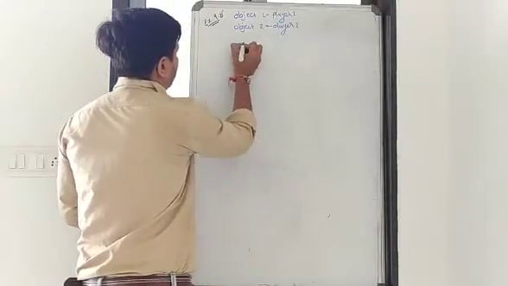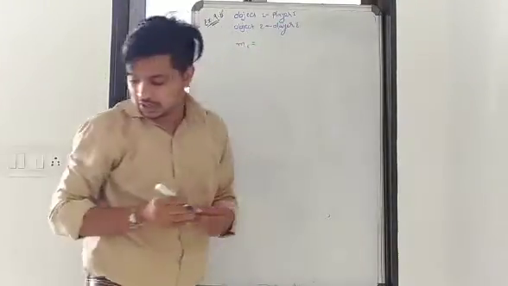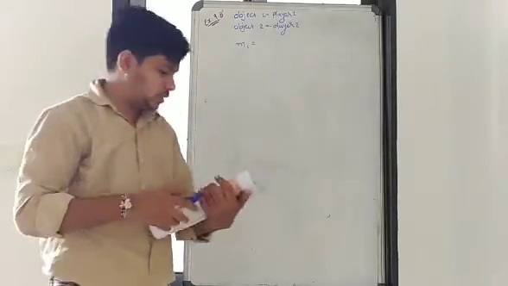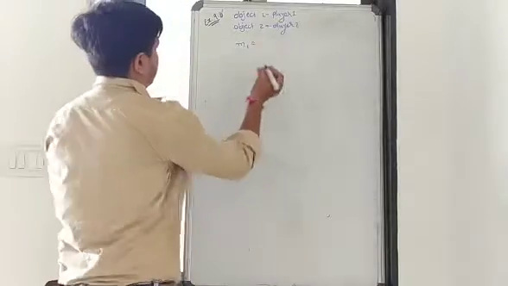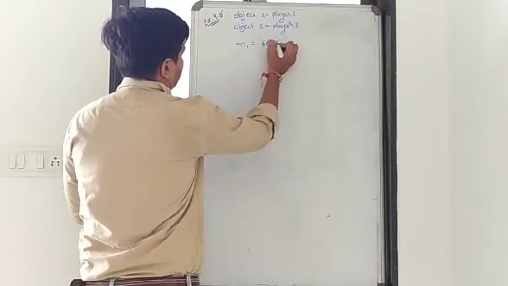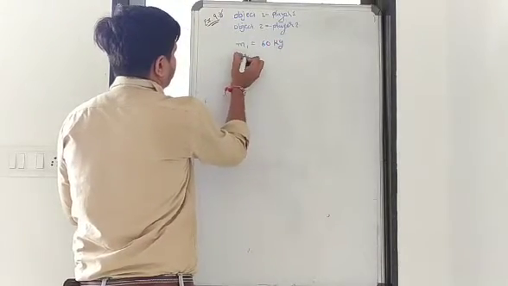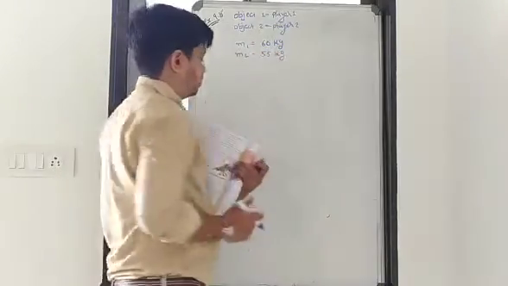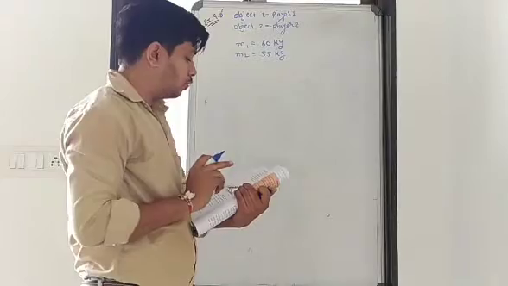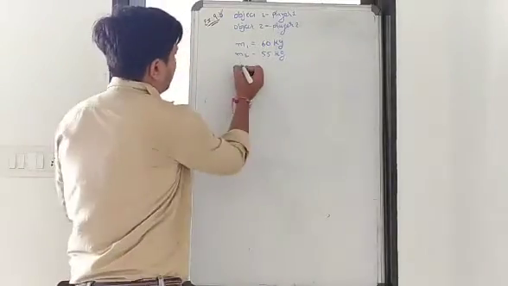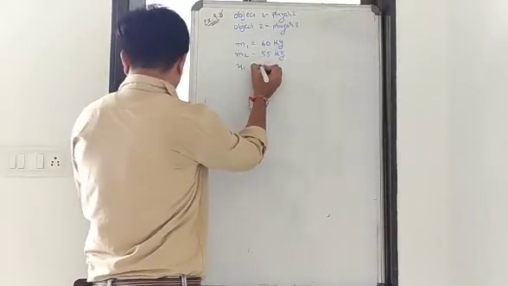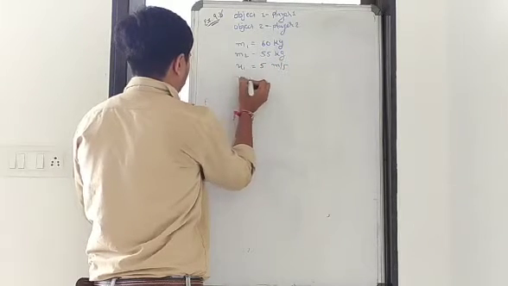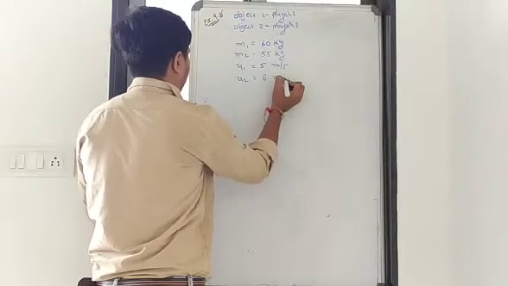The mass of player 1 is 60 kg, while the mass of the second player is 55 kg. Before collision, they are moving with some speed, so u1 and u2 are given to you. u1 is 5 meter per second, while u2 is 6 meter per second.